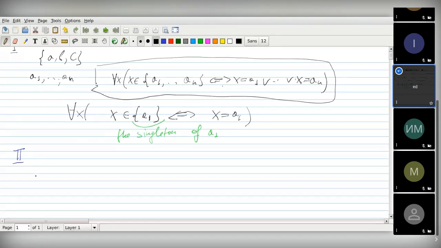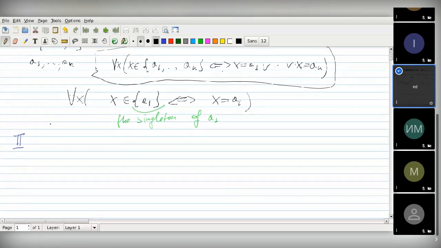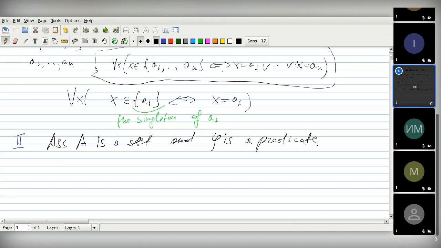And the second one is as follows. Assume that A is a set and phi is a predicate, some property. Then it is possible to take all and only elements of A which satisfy phi.